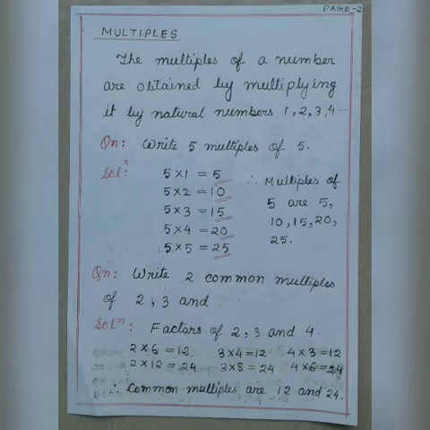So 12 is the common multiple. Again 2 into 12 is 24, 3 into 8 is 24, 4 into 6 is 24. So in the three situations, we have got the multiple 24. Therefore, the common multiples of 2, 3 and 5 are 12 and 24.